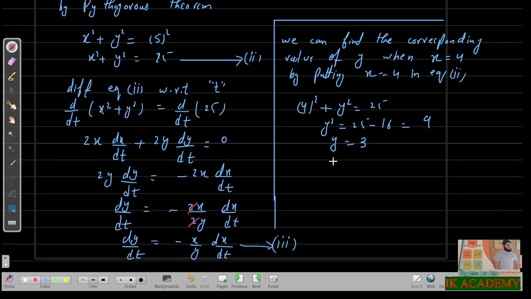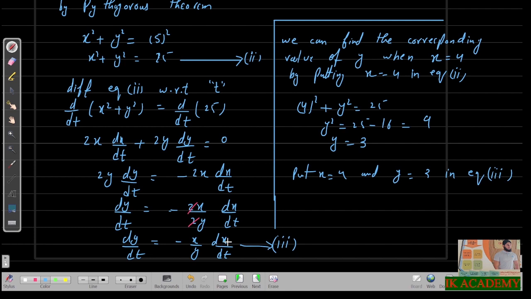So if we have x equal to 4, we have y equal to 3. So I'm going to use these values of x and y in equation 3, so we can get dy by dt. Put x equal to 4 and y equal to 3 in equation 3.